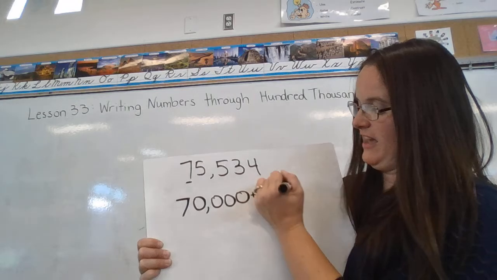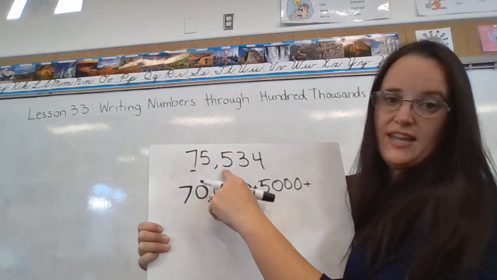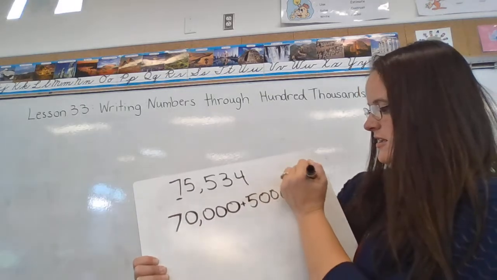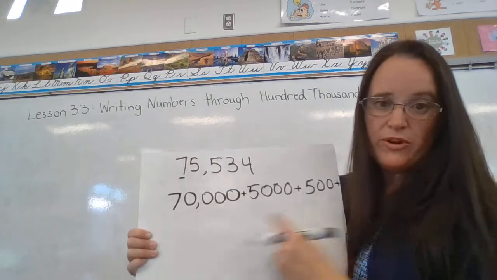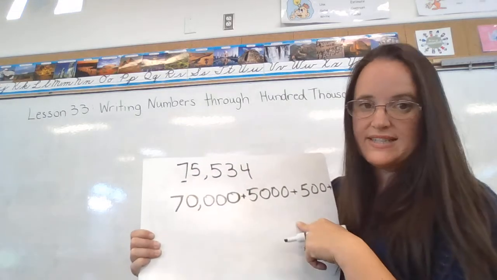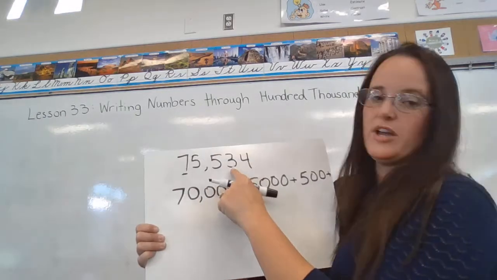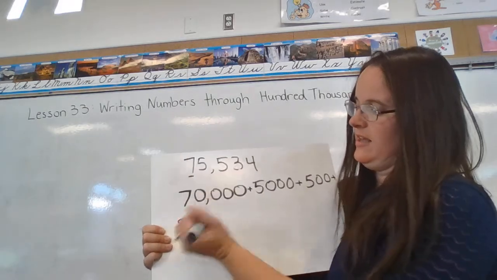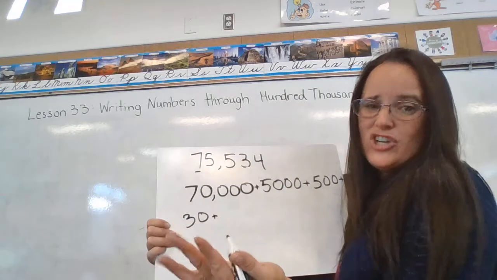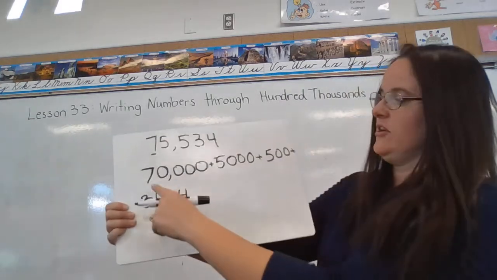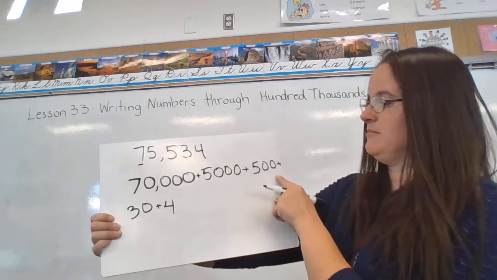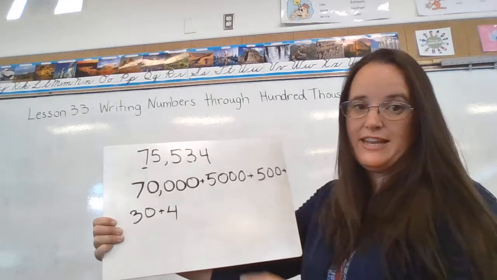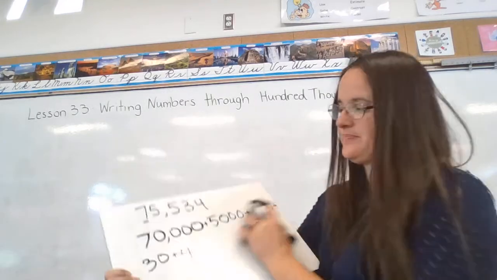So it's 5,000 plus another 5, but it's 500. And I ran out of room on my board. If you run out of room on your page, just go to the next line and keep going, okay? We're on to the 3, but that's not a 3, that's 30. And then finally, the ones place, just 4. So 70,000 plus 5,000 plus 500 plus 30 plus 4 is our expanded form for this number.